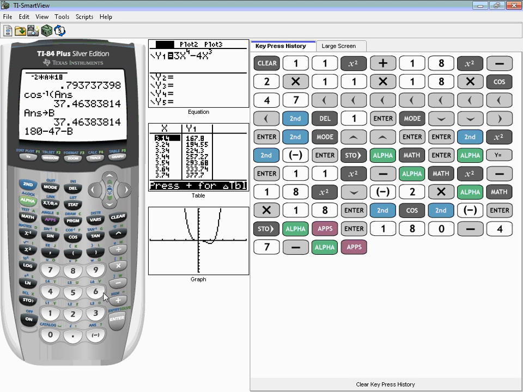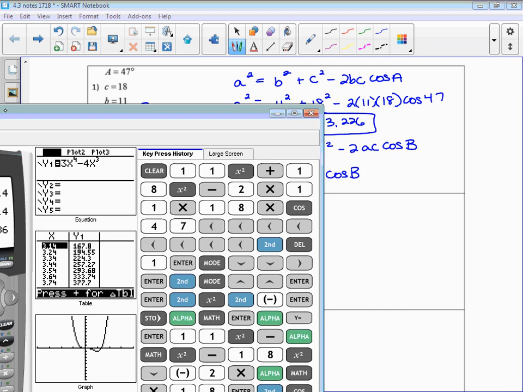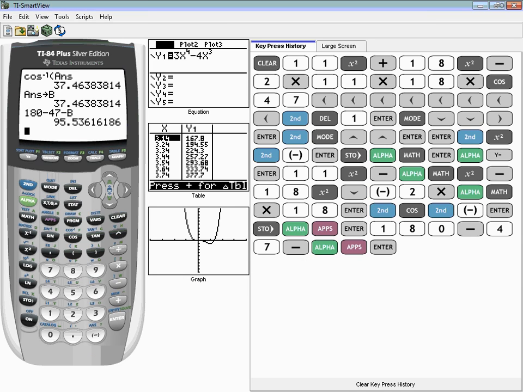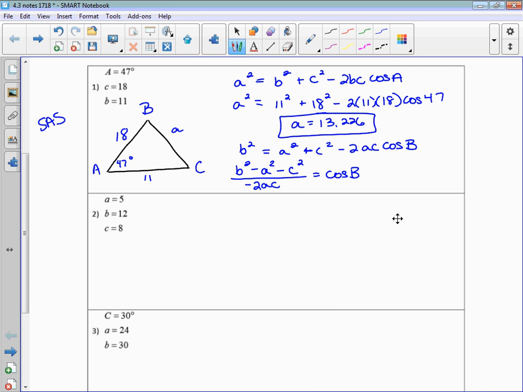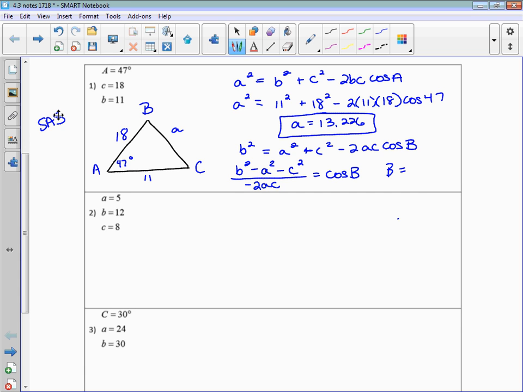That's the angle you found. And so your third angle there is 95.536. Okay. So B was 37.464.